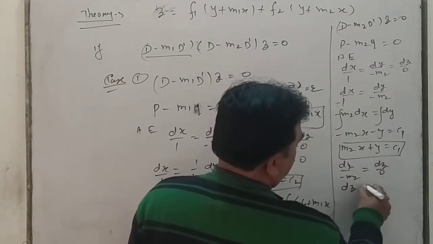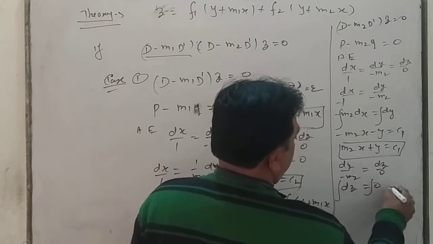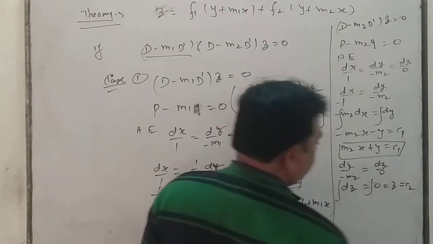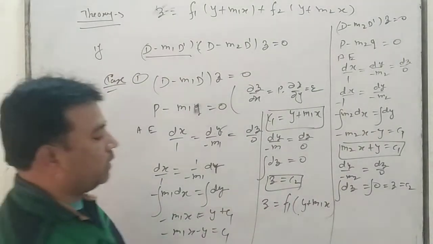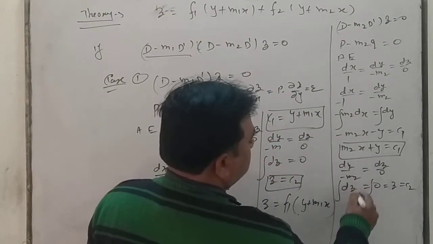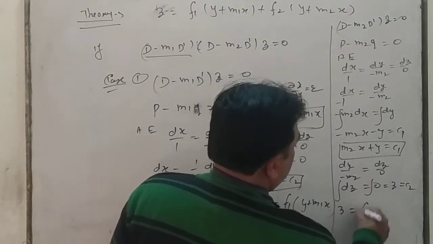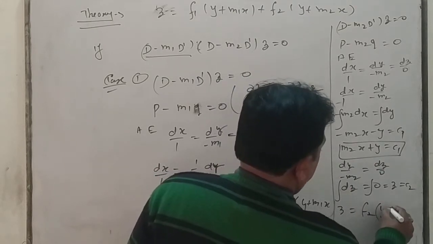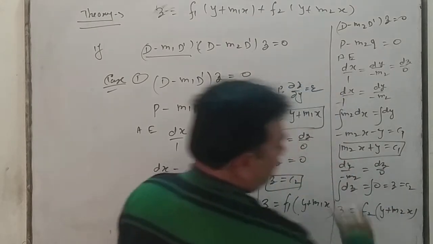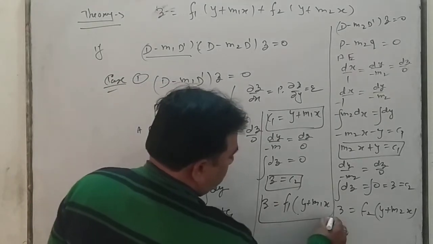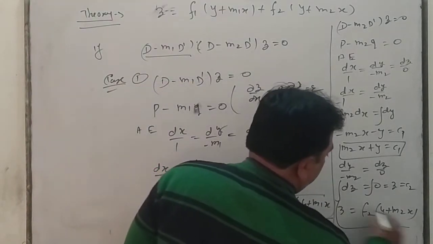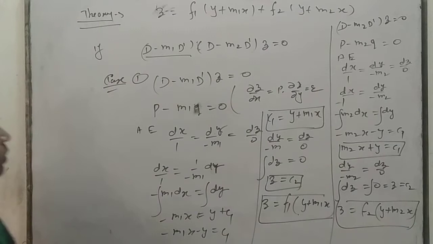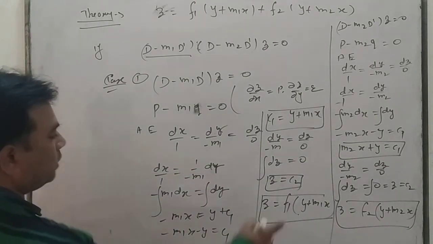Cross multiply, dz equals 0. On integrating, z equals c. Then the complete solution is z equals f2 of y plus m2 x. Here is one value of z and a second value of z. Then we write the complete solution in the form of this.